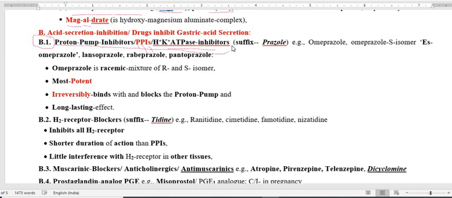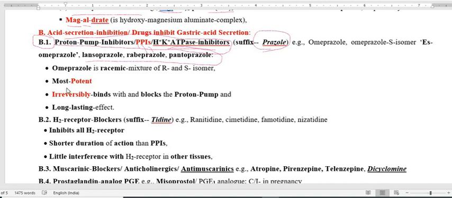All the drugs in this class possess the suffix prazole. The drugs are omeprazole, lansoprazole, rabeprazole, pantoprazole. So their suffix is prazole, and they are going to inhibit the function of this proton pump enzyme.